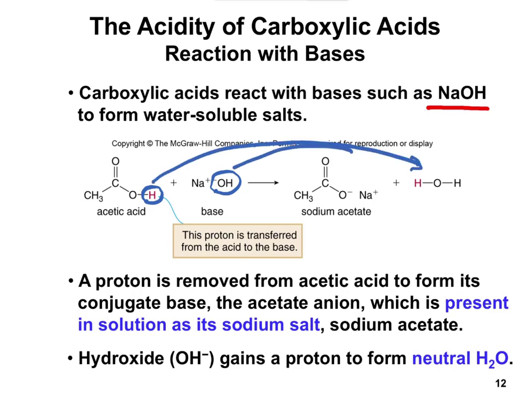And if you remember, whenever we had an acid and a base back in chapter 8, and we talked about this reaction, an acid and base formed water and a salt. Well, this sodium acetate here is going to be our salt. A salt, if you remember, is a cation and an anion.